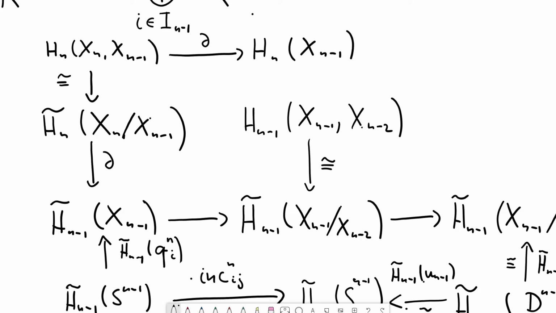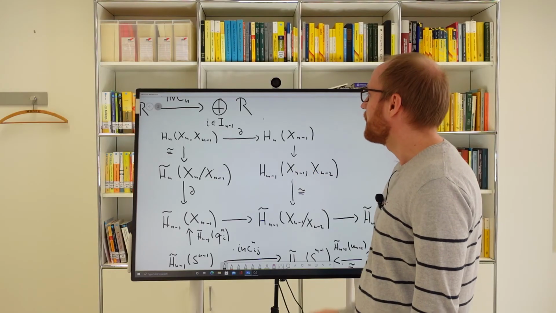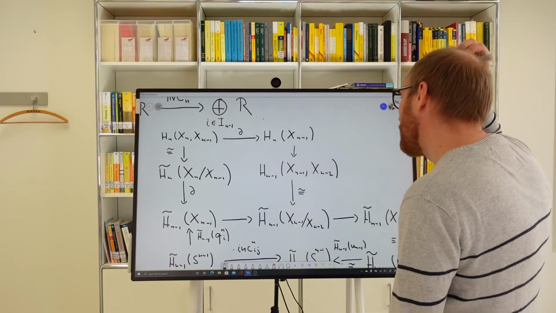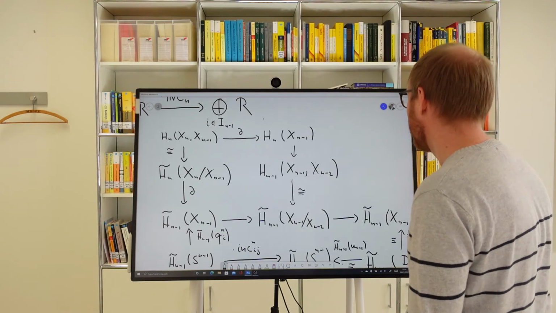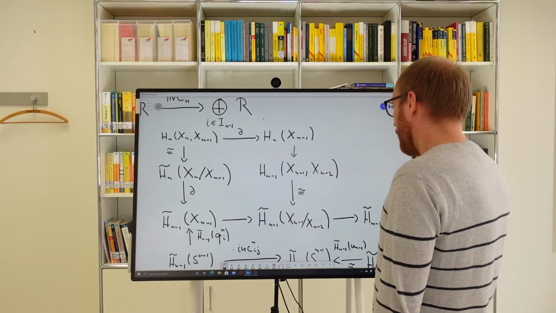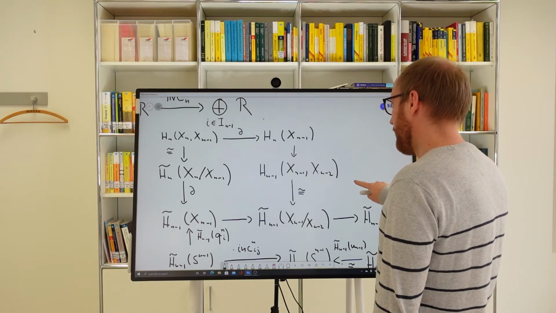And then we simply have an inclusion of the pair n-1 skeleton, empty set into this pair here and the induced map in homology. That's the second one. So this composition here is actually the nth cellular boundary map of the cellular chain complex. Okay, so far so good.